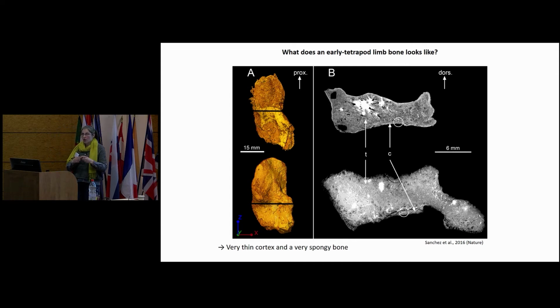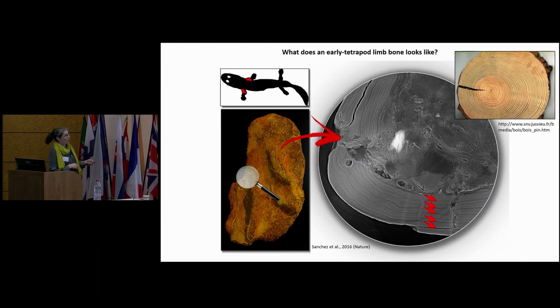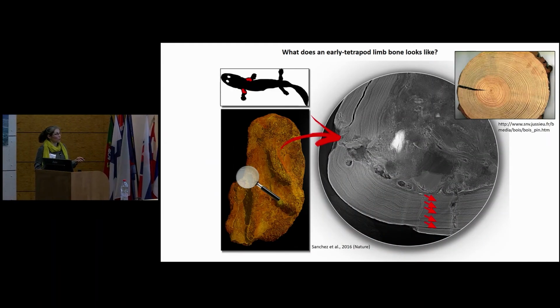This spongy bone actually developed from the replacement of the cartilage, which means that you have a big cartilage before you develop this spongy bone. And now if you look at this cortical bone, which is all around, this is at high resolution, so 0.7 micron voxel size, you will see that you have rings here that you can count.